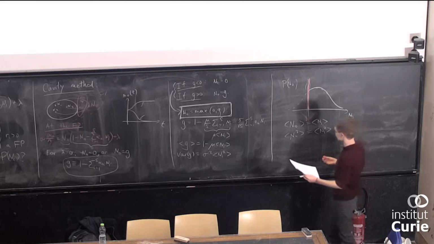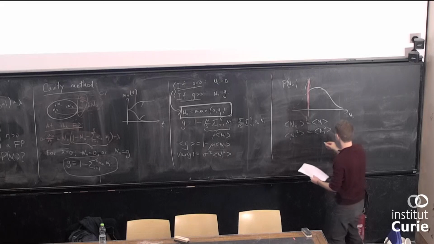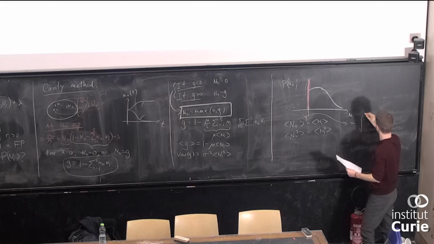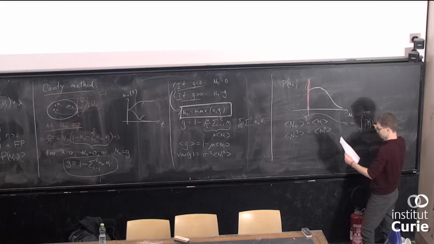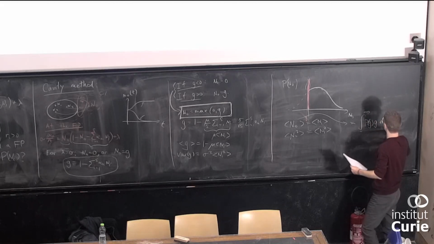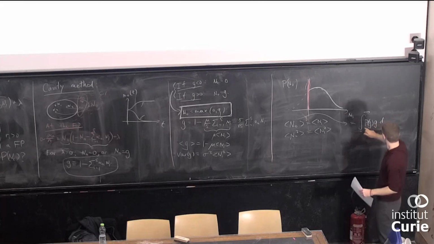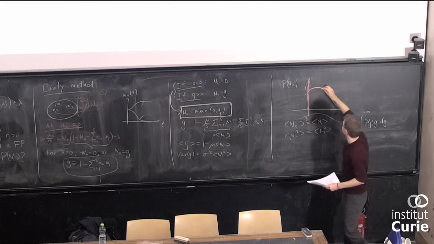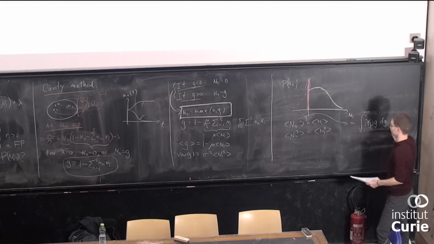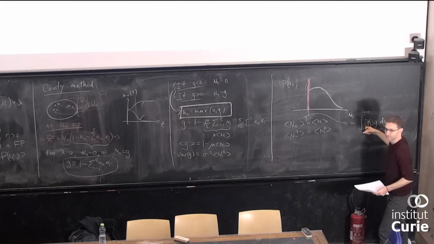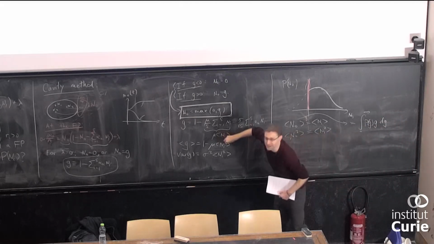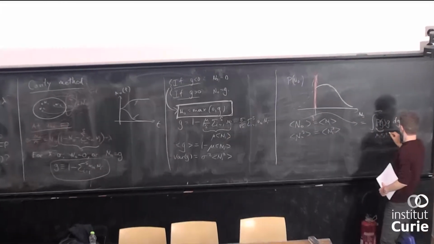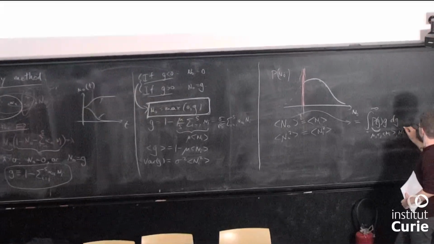And then I'm done, because then I can write that this N0 average is equal to the integral of P of G, times G, dG. It's basically, what contributes to this mean? All these zeros don't contribute, only the positive part here contributes. This P of G, I know it as a function of these Ni's, so this thing depends on mu, on sigma, on Ni, and on Ni squared.